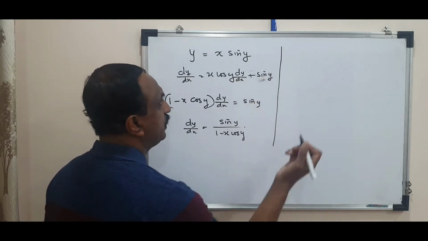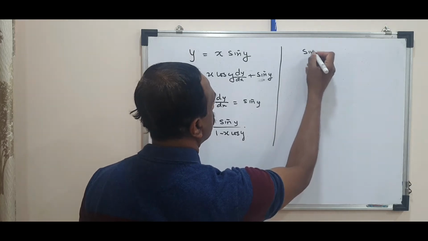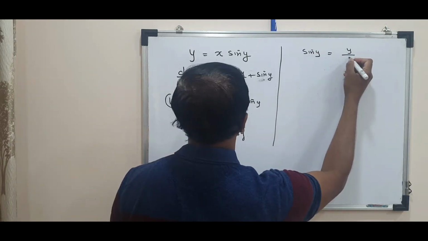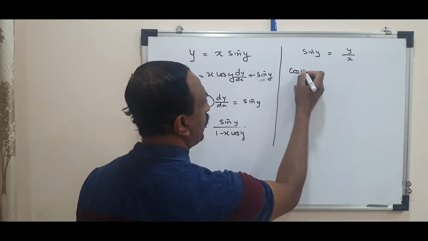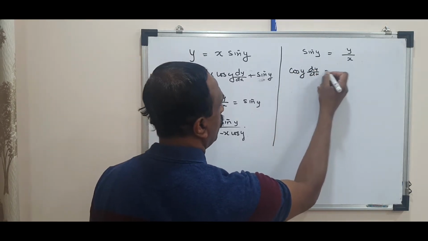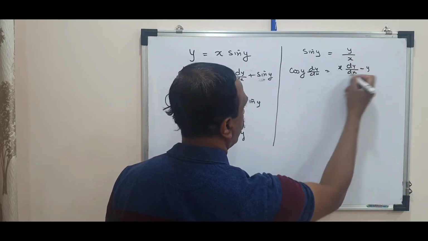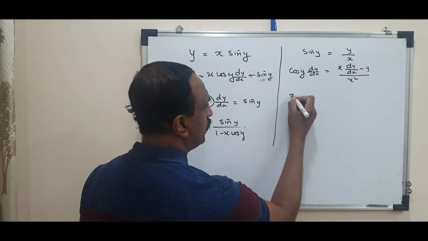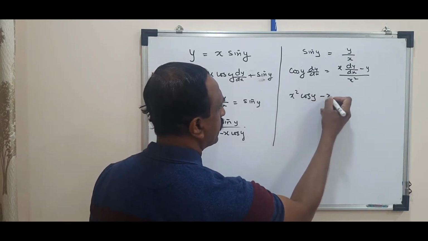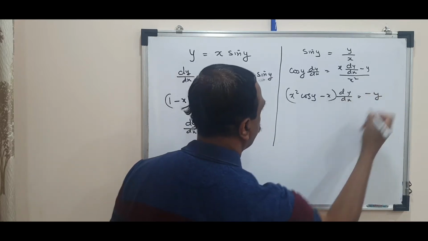Let's see another case. Suppose I make sine y as a subject and write y by x. Let's see what answer we get. So cos y dy by dx will be, by the division rule, x into dy by dx minus y upon x square. Now if I rearrange it, x square will come with it: x square cos y minus x into dy by dx is equal to minus y.